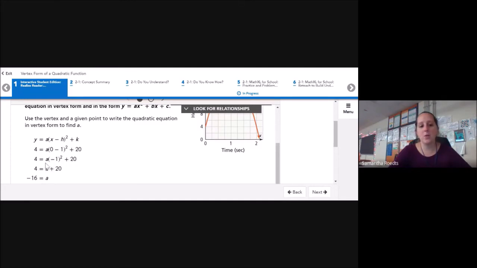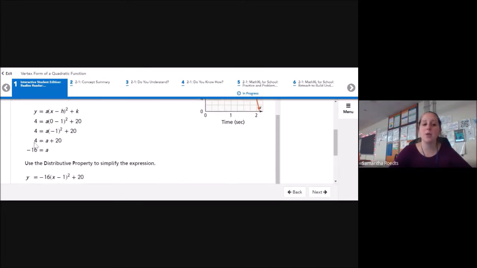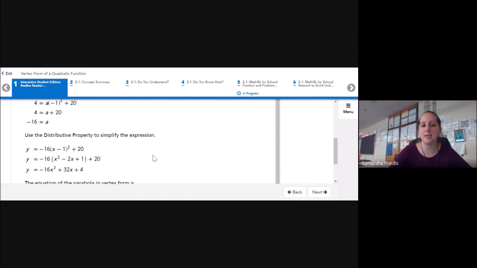Okay, so 0 minus 1 is -1. -1 squared is 1, plus 20. So I have 4 equals a plus 20. I subtract 20 from both sides. I get -16. So a equals -16. So that's my vertex form. Y equals -16 times the quantity x minus 1 squared plus 20.